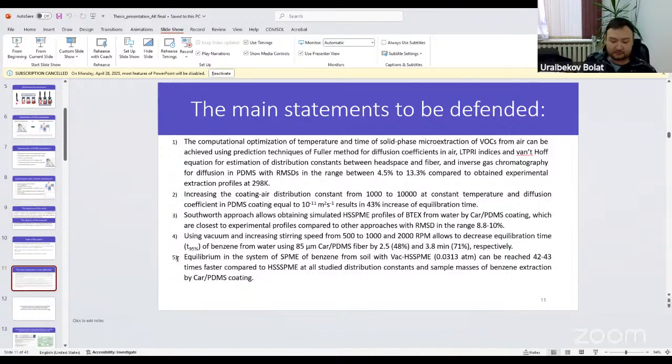For this statement I have many questions, but starting from the first one. You say that there is an increase of equilibration time, but it's not clear what the starting point is. Increase of equilibration time compared to what?